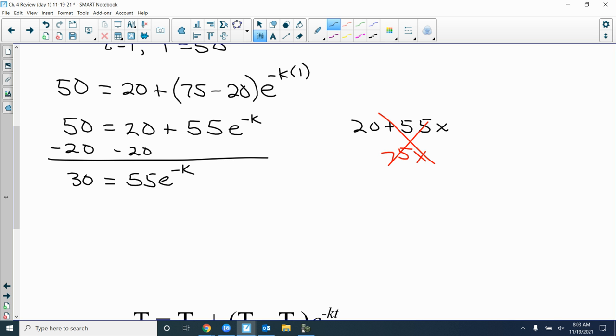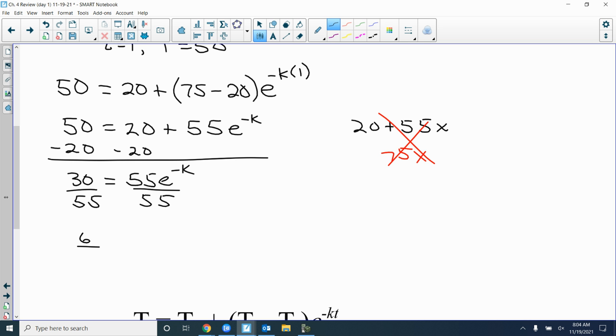To convert to natural log, I want to get e to that power by itself. So get rid of the 55 by doing what? Dividing. If it gives you a decimal, just keep it as a fraction. So I divide by 55, divide by 55. Now that'll reduce. You can reduce it or leave it as 30 over 55.